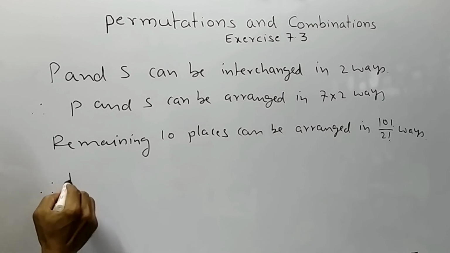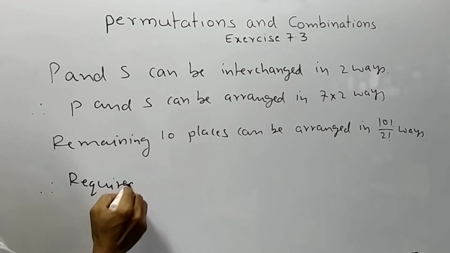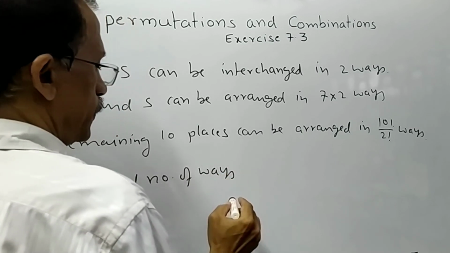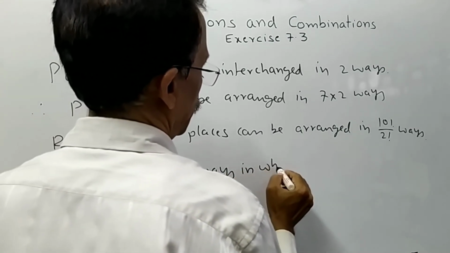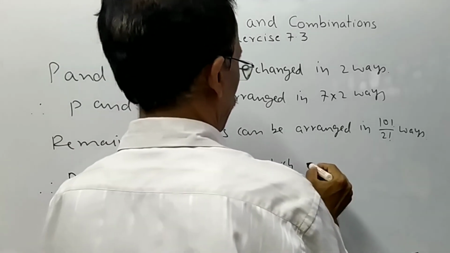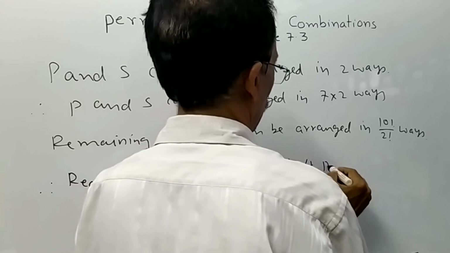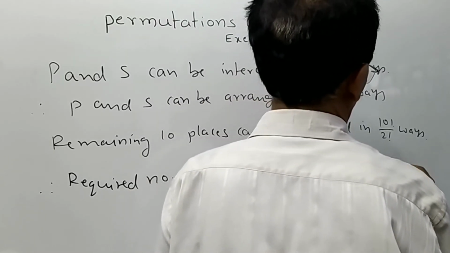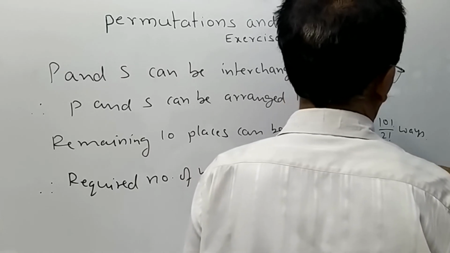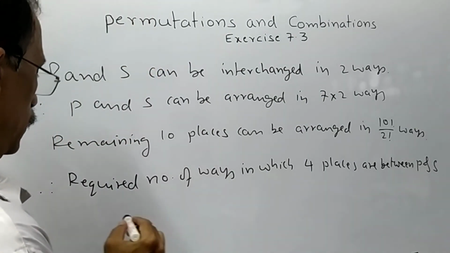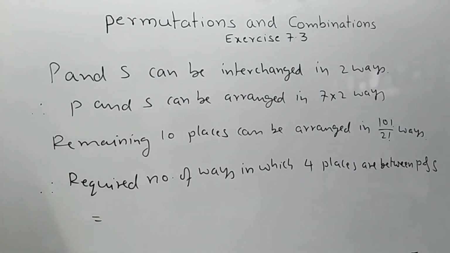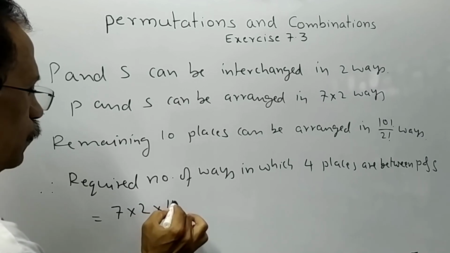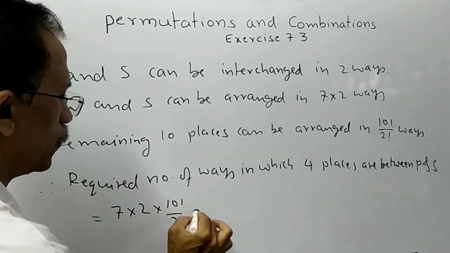Therefore, required number of ways in which four places are between P and S is equal to 7 into 2 into factorial 10 divided by factorial 2.